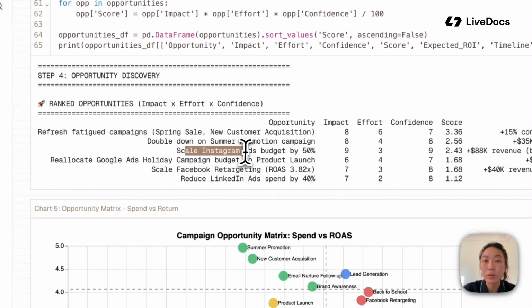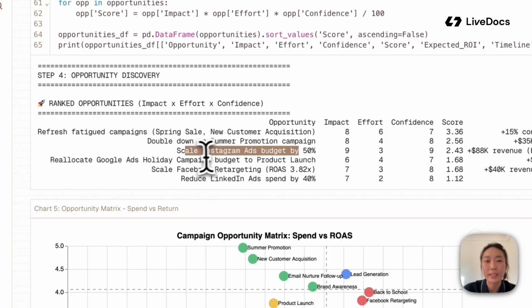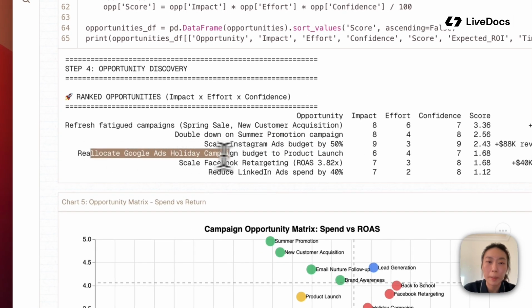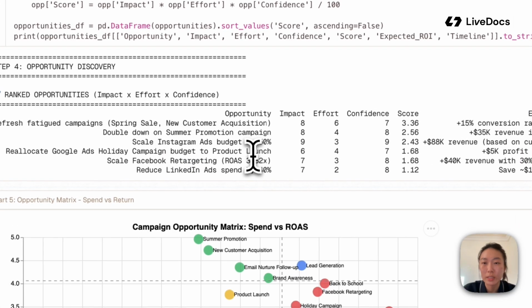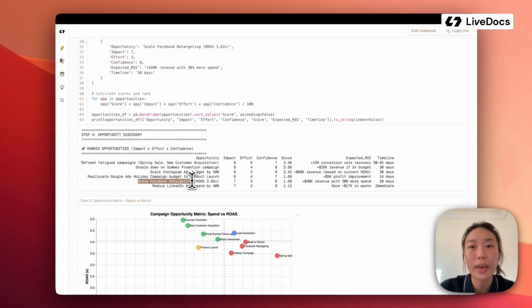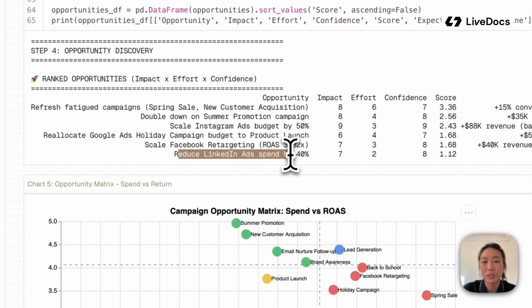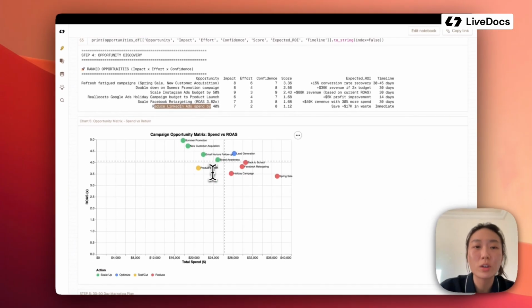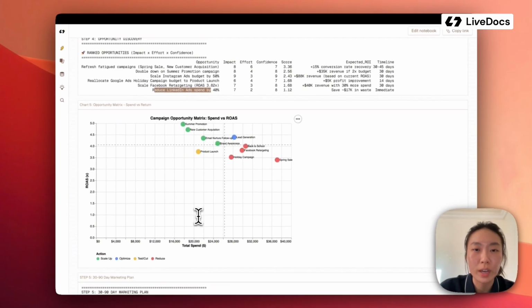And also use more Instagram and scale it by 50%. And reallocate the Google holiday campaign budget to product launch. As you can see, if Google Ads costs increase, scale Facebook retargeting. As I mentioned before, Facebook has a great return on ad spend, but we didn't use it that much. Also reduce LinkedIn ads because we saw that the return on ad spend is not really that good.